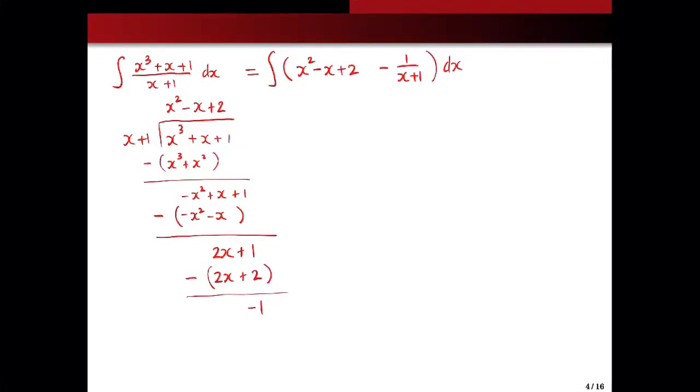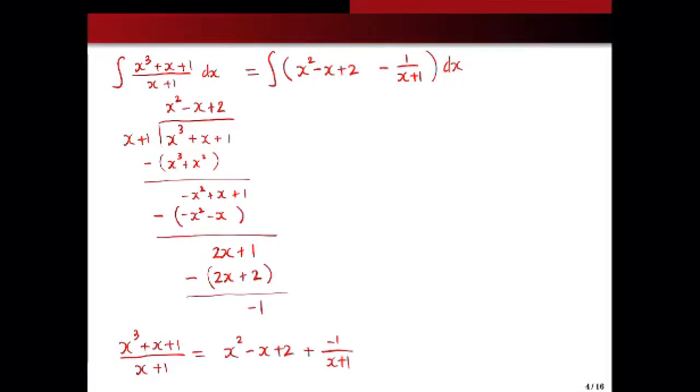Or before you write this, you can do the following. After your long division, x cubed plus x plus 1 over x plus 1 is equal to x squared minus x plus 2 plus negative 1 over x plus 1.